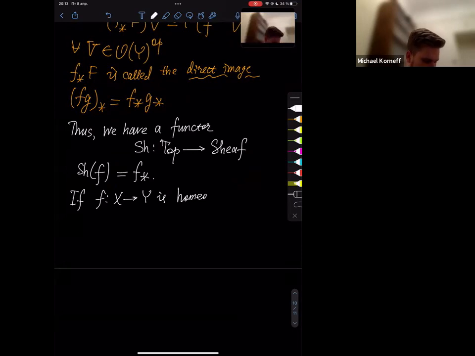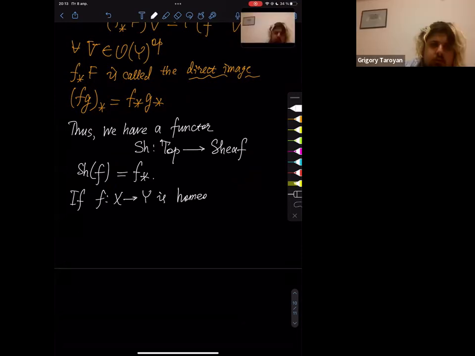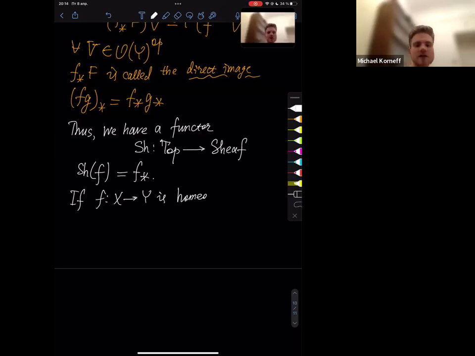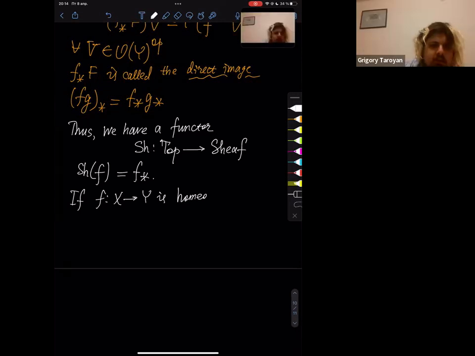What is the category Sheaf? What are objects in the category Sheaf? Okay. Thank you for the question. The category Sheaf is a category which consists of sheaves as functors and natural transformations as arrows. So these are just sheaves on one topological space?